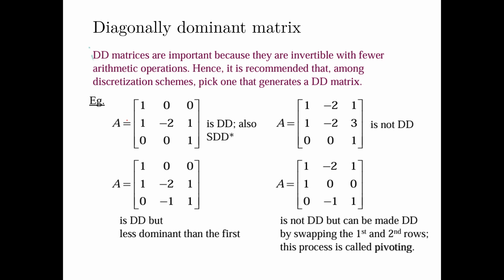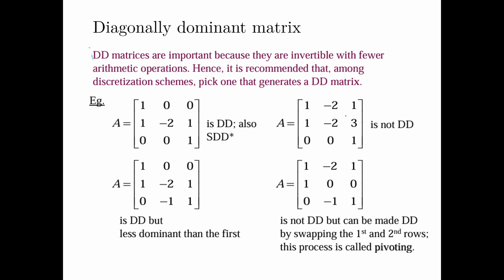So this is not a strict inequality, but still the equality holds. Now, if we go to row 3, it's still a strict inequality. So in total, this matrix is diagonally dominant, but not strictly or strongly diagonally dominant, because the second row does not satisfy the criteria.